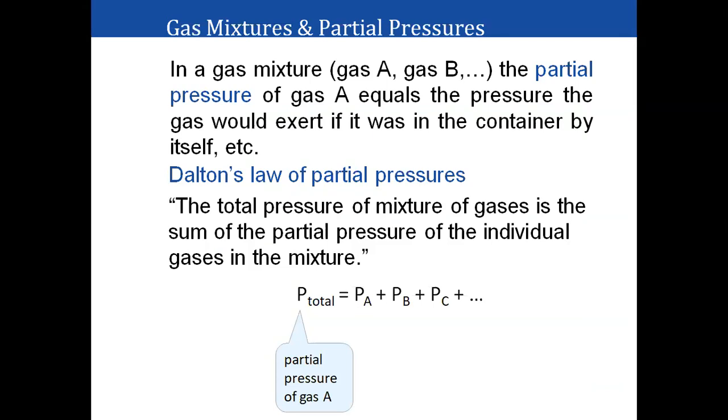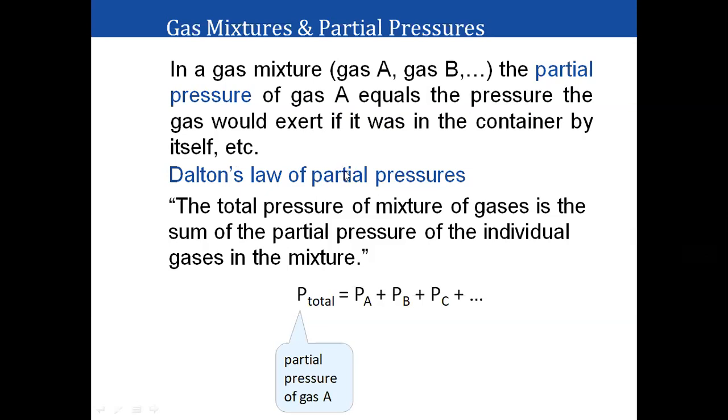In a gas mixture of gas A, gas B and so on, the partial pressure of gas A equals the pressure the gas would exert if it was in the container by itself.